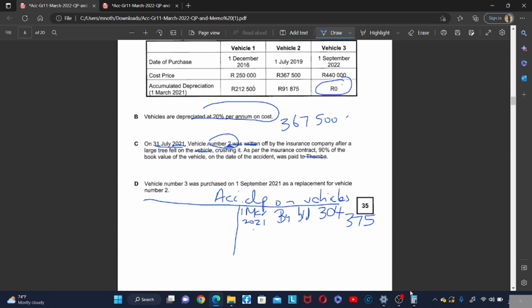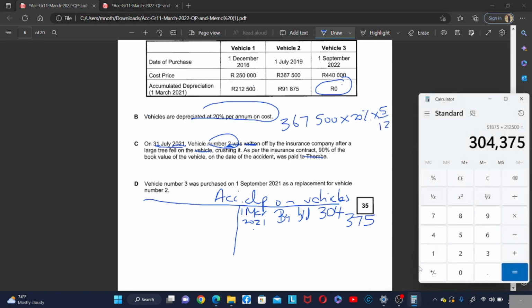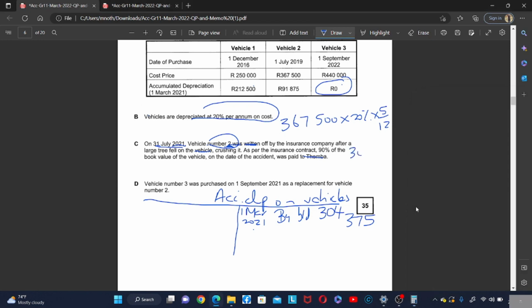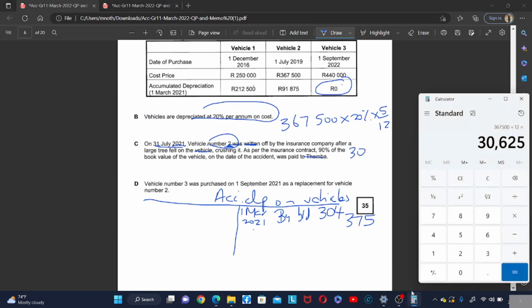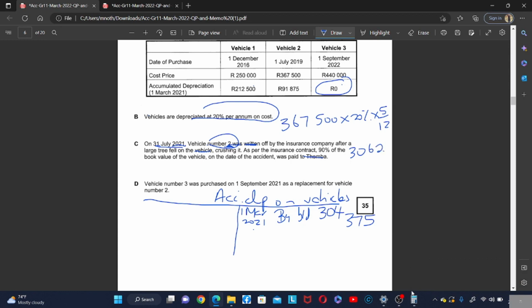367,500 times 20% times 5/12. 367,500 times 20% times 5 divided by 12 is equal to 30,625.